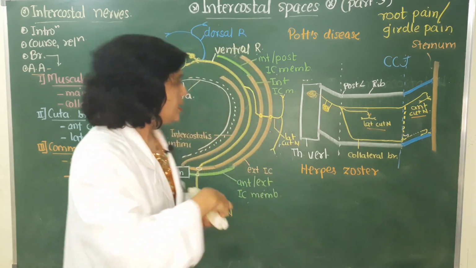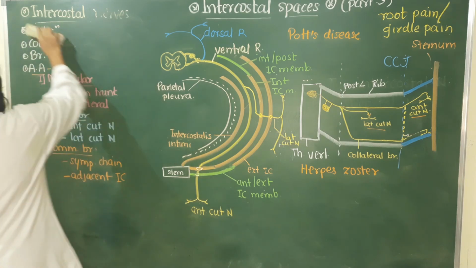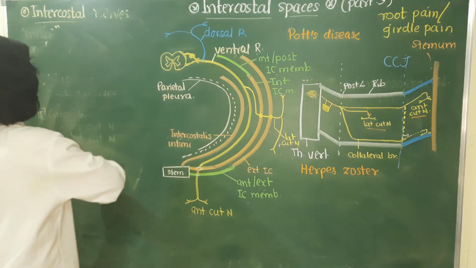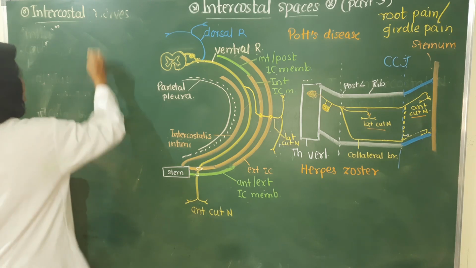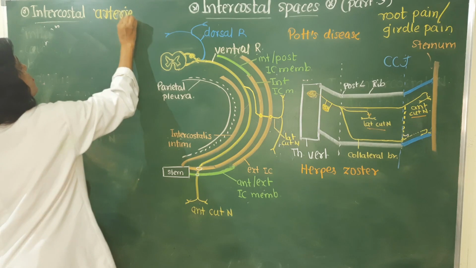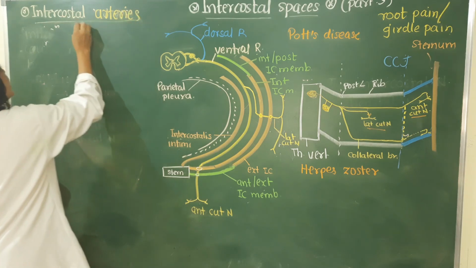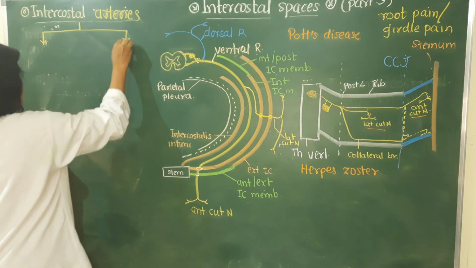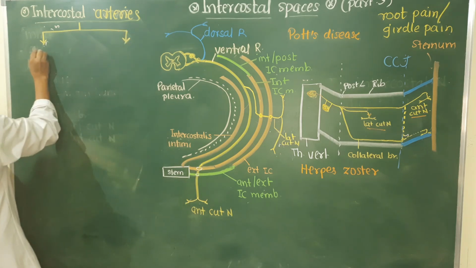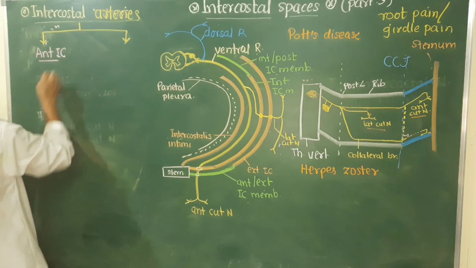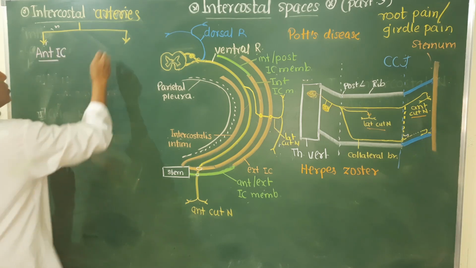Now we will see about the intercostal arteries. These intercostal arteries are in two sets. There are two sets of the intercostal arteries, anterior intercostal arteries and posterior intercostal arteries.